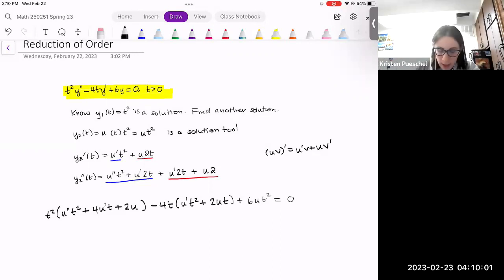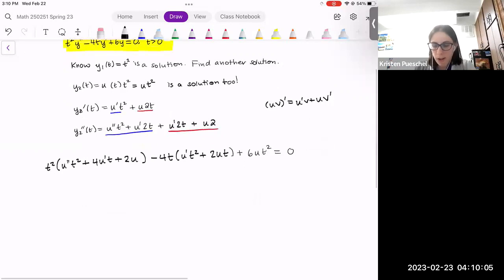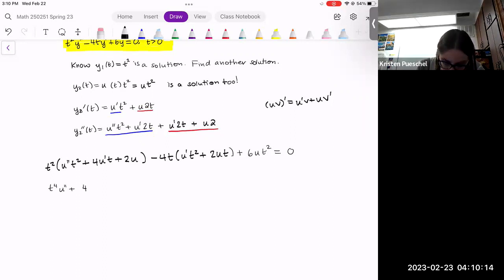Okay, we are going to rearrange terms a little bit, distributing and rearranging. Out of the first term, we have t to the 4th times the second derivative of u, plus 4t cubed times the derivative of u, plus 2t squared times u, minus 4t cubed times the derivative of u, plus 8t squared times u, plus 6ut squared equals 0.